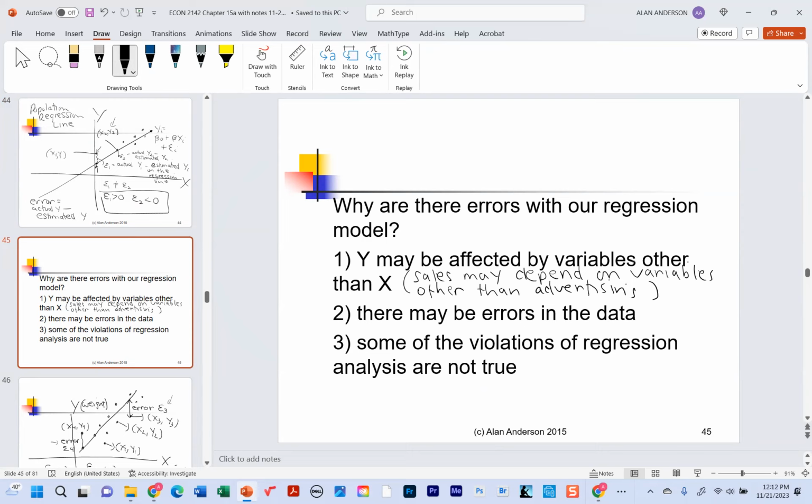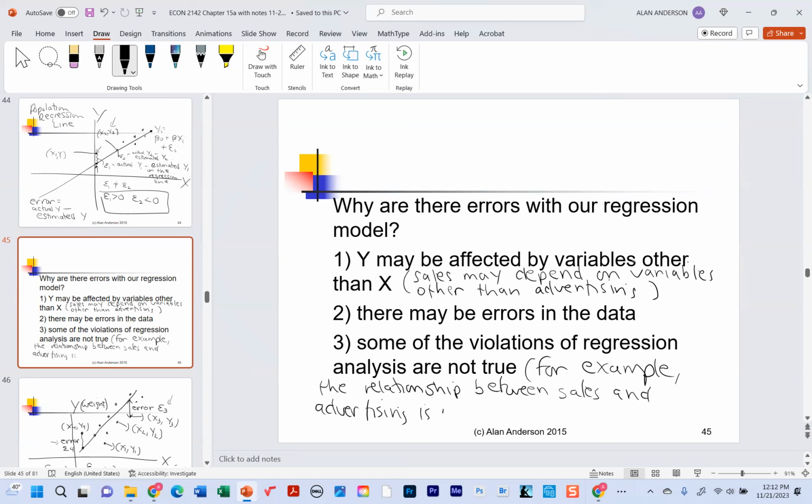Also, the data itself may have errors in it. Whenever somebody gathered this data, maybe there's actual mistakes. And some of the assumptions of regression analysis may not be true. In other words, for example, the relationship between sales and advertising is not perfectly linear.